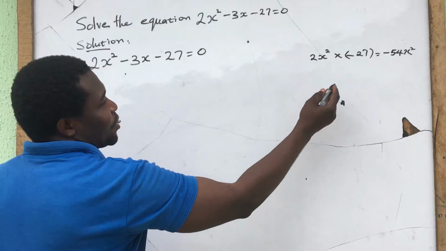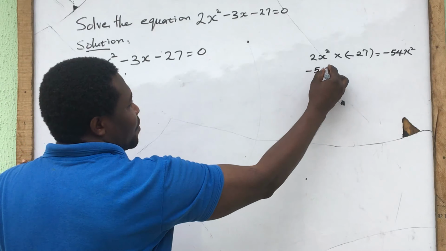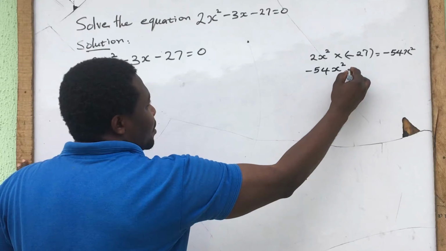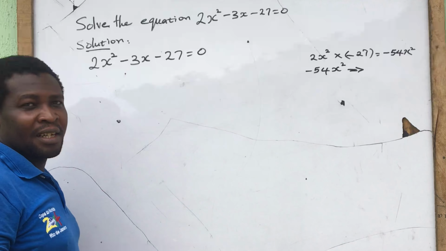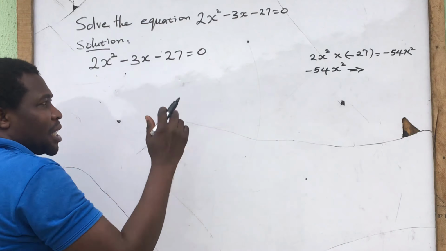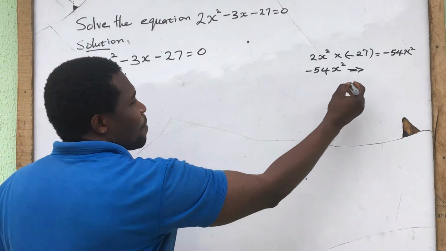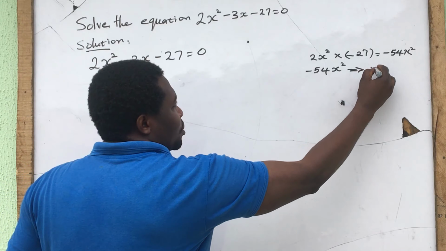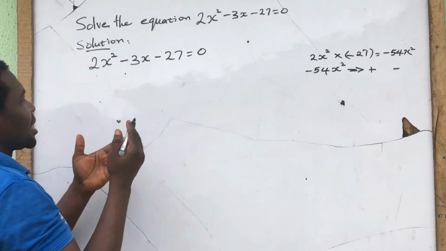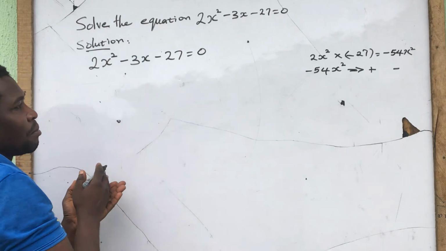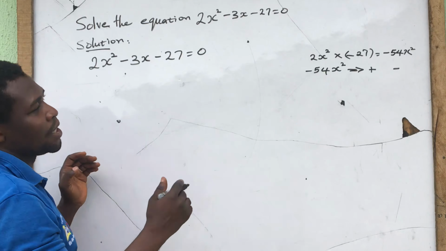So to have the factors of minus 54x squared now, I look at this negative sign. This minus is telling us that we are going to have 1 plus and 1 minus. So the two signs are not the same. 1 plus, 1 minus.